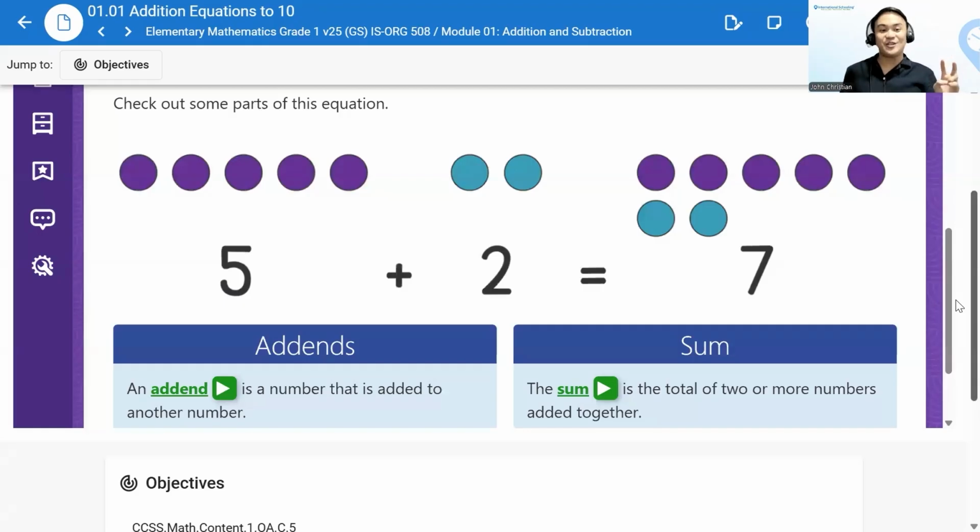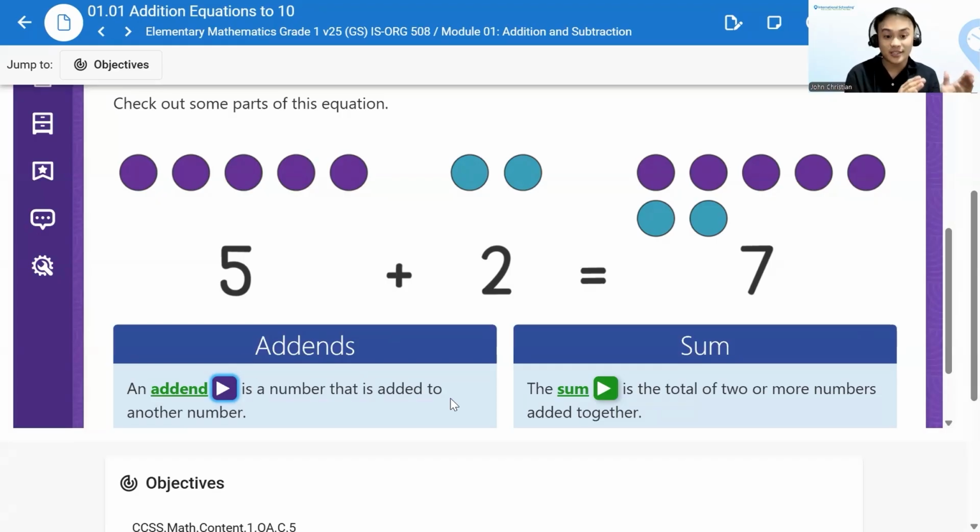Now, in addition equation, we have different parts. First is what we call addend. Can you say addend? Very good. An addend is a number that is added to another number. In this equation, the addends are 5 and 2.